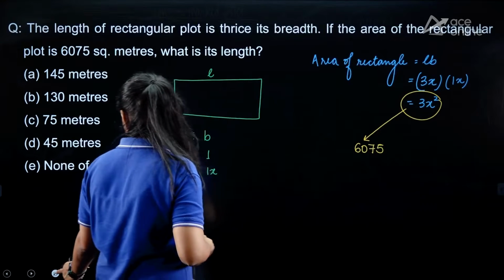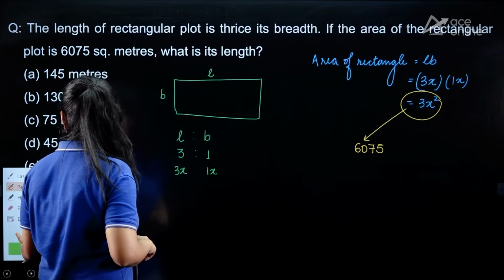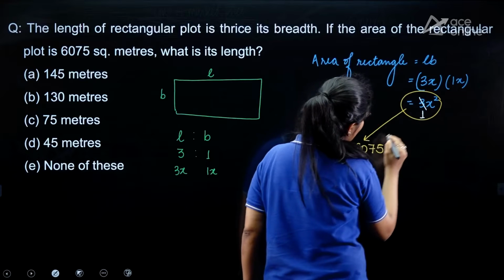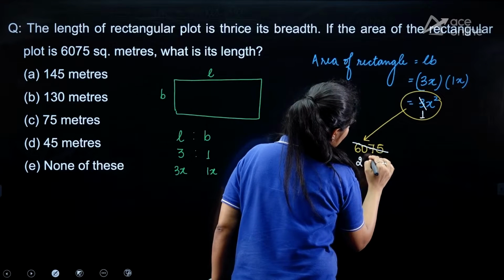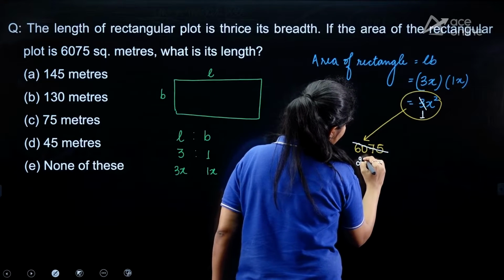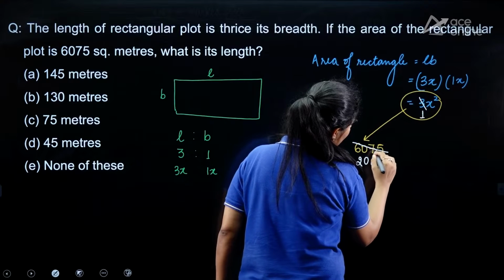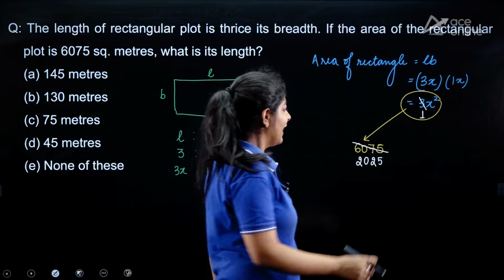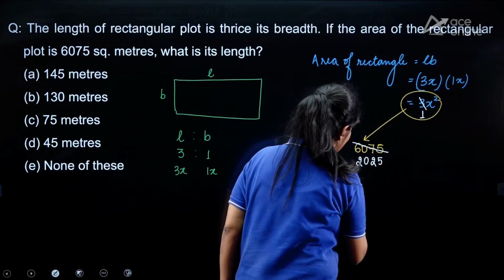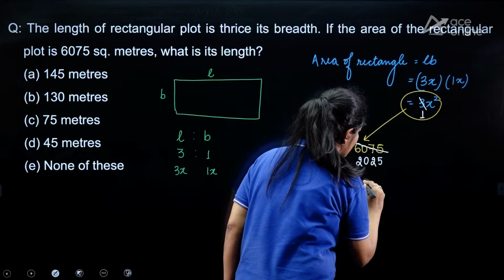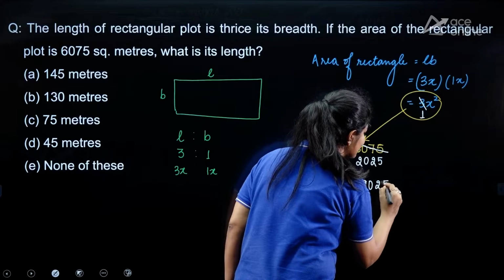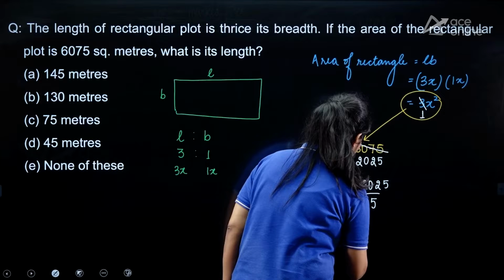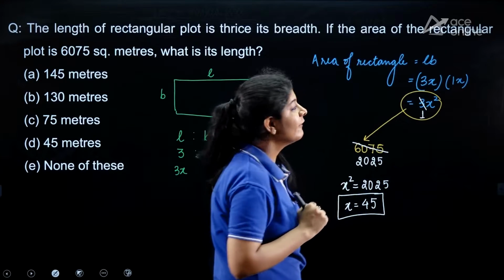So first we are going to eliminate it with the help of 3. So we are getting 2025, and that means x square is nothing but 2025, and this is the square of 45. That means the value of x that we got over here is 45.